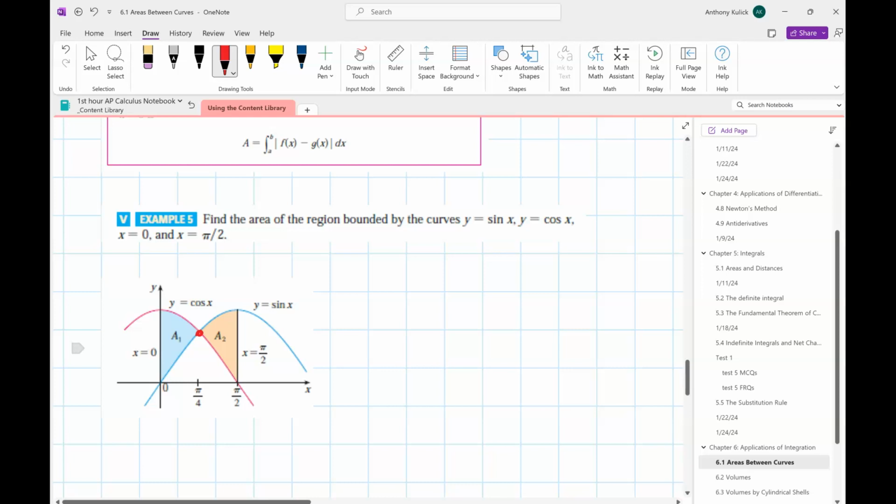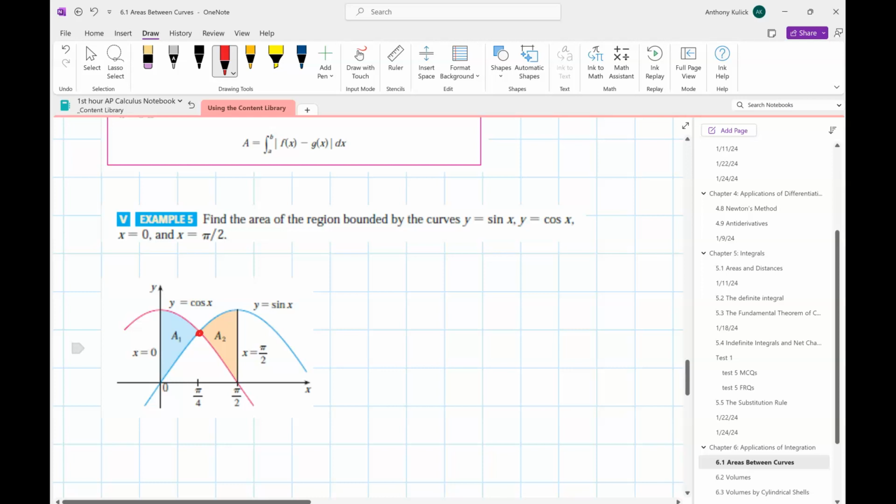Yes. How do you know that? On the unit circle, sine of pi over 4 is root 2 over 2, and cosine of pi over 4 is root 2 over 2. They're equal, right? Everybody's okay with that?